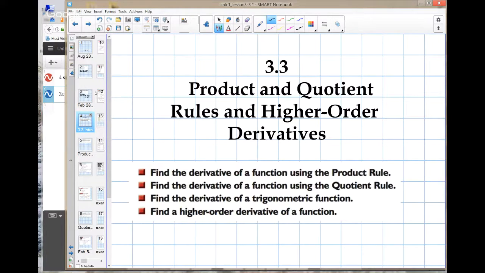Well, we're going to be moving to some rules that are a little bit hard to execute and take a little bit longer to do. They're called the product and the quotient rules. And then the book also throws in a third topic, and that is higher order derivatives. So we have the product rule, the quotient rule, and what are these higher order derivatives and how do we do them?